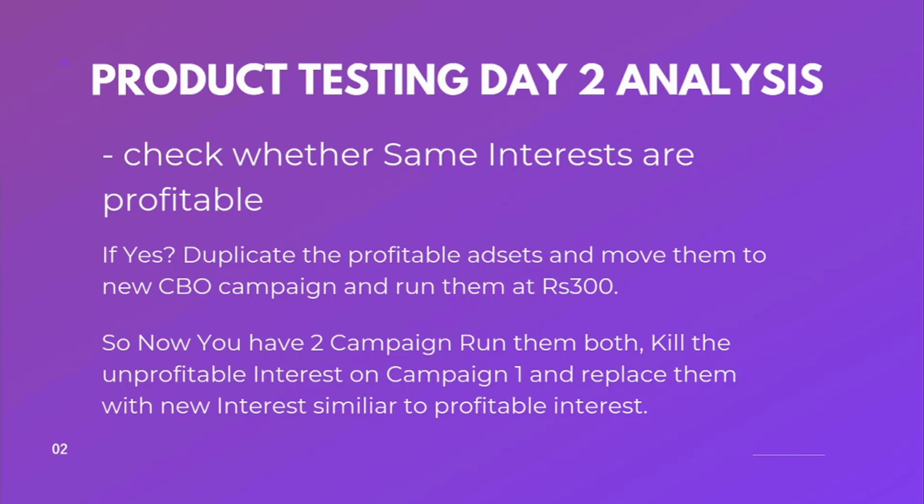This is what I mentioned in my previous slide: out of the 4 ad sets, let's say 2 are working and 2 are not working within this 500 rupees CBO campaign. The ones which are working, keep untouched, and the ones which are not working, kill those, see which ad sets are working, find a similar interest, and duplicate it into the same campaign. I hope it makes sense.